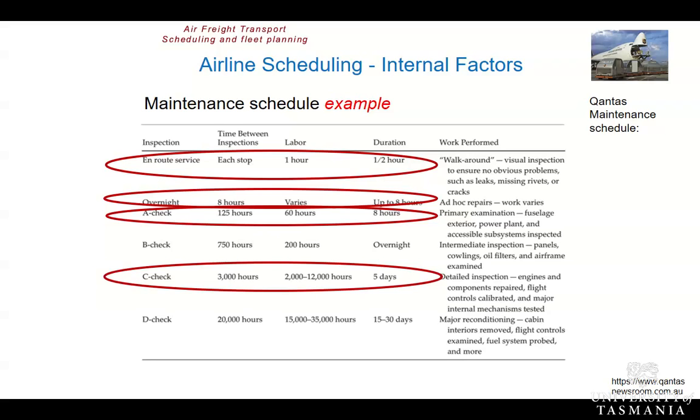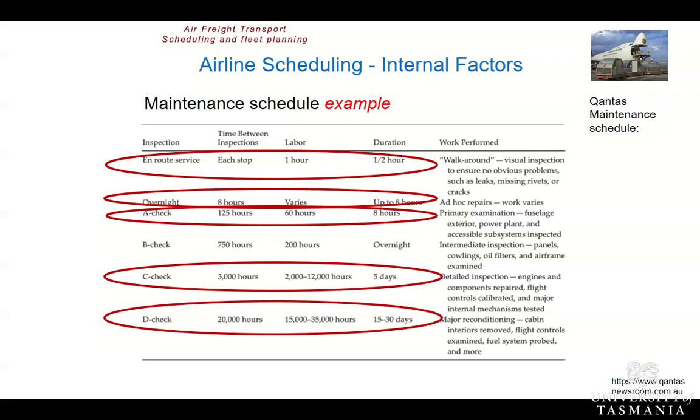The next one is the C check, and I've purposely left out the B check because the later model aircraft are a lot more advanced than the older aircraft, and the B check has actually been absorbed into the newer aircraft. So at the C check, that's 3,000 hours. The aircraft is pulled out of the fleet for 5 days. Detailed inspection, engines, fuselage, controls and other mechanisms.